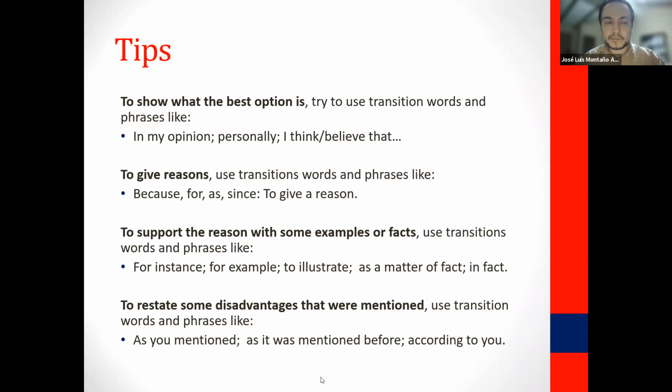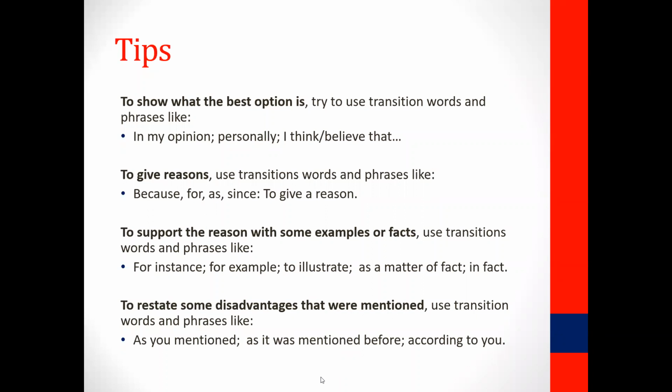Okay, tips. To show what the best option is, try to use transition words and phrases like, in my opinion, personally, I think, I believe that. To give reasons, use transition words and phrases like because, for, as, since.